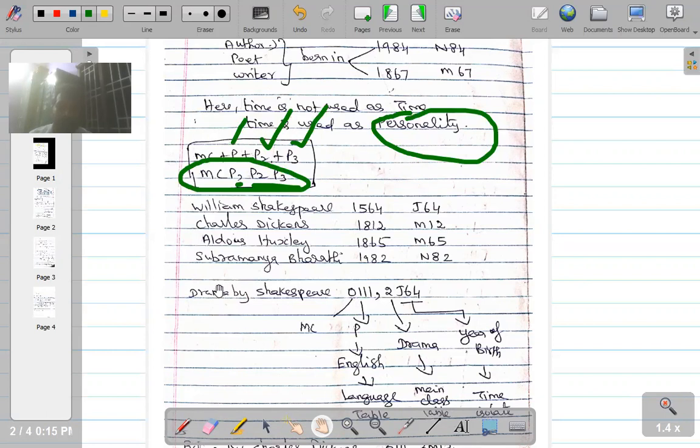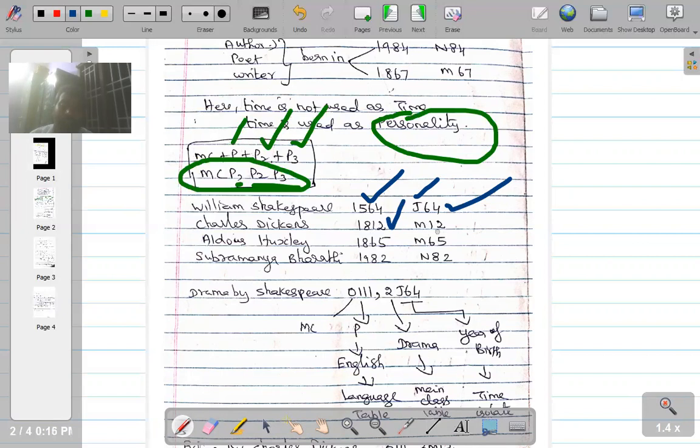If you take William Shakespeare, who was born in 1564, we convert this 1564 into J64. 15 stands for the 16th century, which is represented by the alphabet J as per the page which has all the time isolate numbers. So J64.